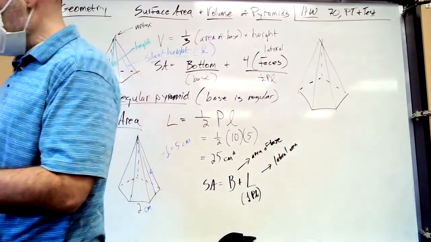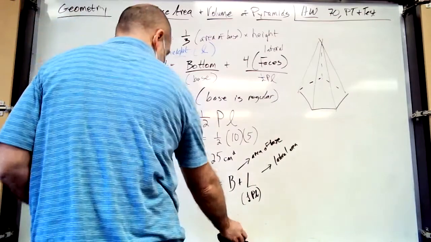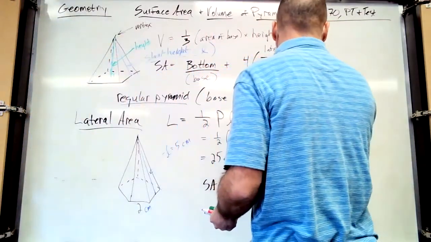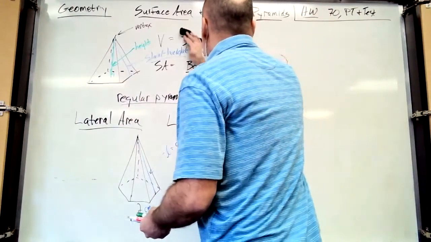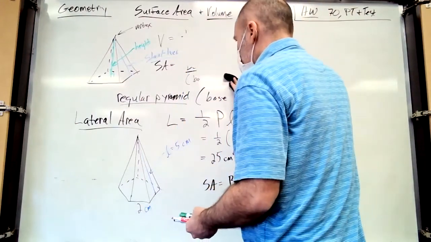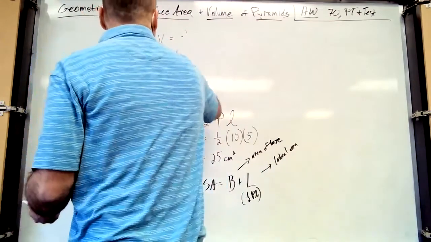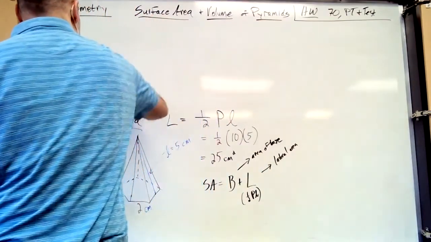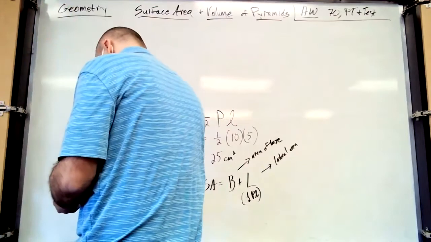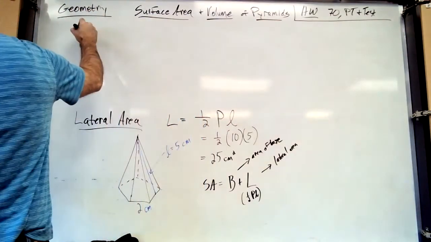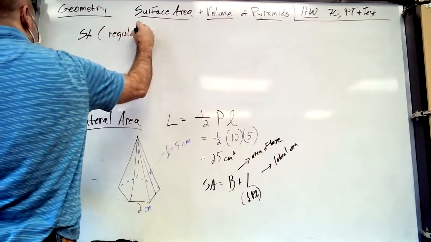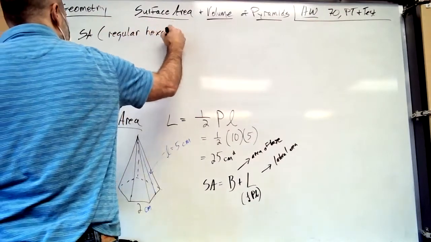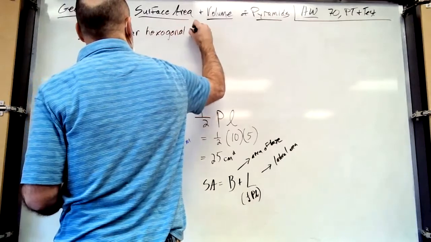Okay, let me repeat that. Hexagonal pyramid. Can you draw it out? I want you to draw it out. Okay, so I will give you the information again. I'll write it down. But I want you to draw it out. If it helps you, you can draw it out. Find the surface area of a regular hexagonal pyramid.